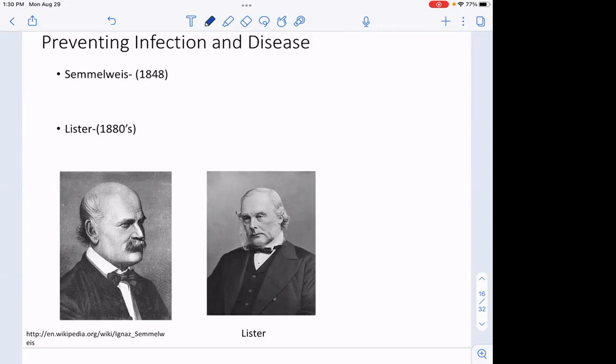And that was essentially oftentimes deadly for the mothers. So this was a huge problem. And mothers that gave birth at home, a very low percentage of them, maybe only 1% got this infection. So he started advocating hand washing.